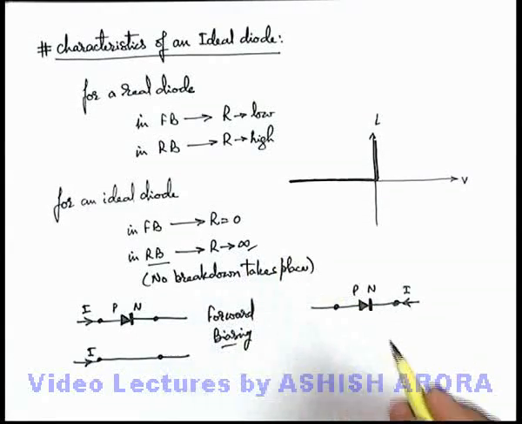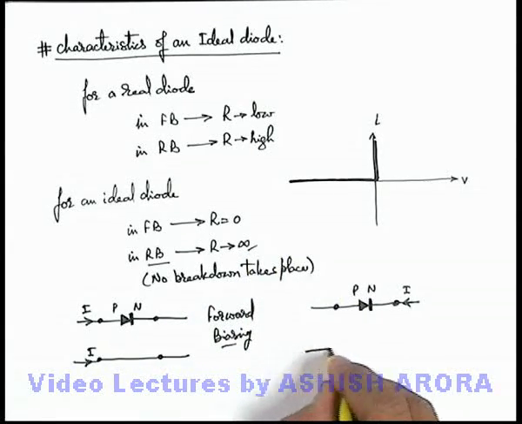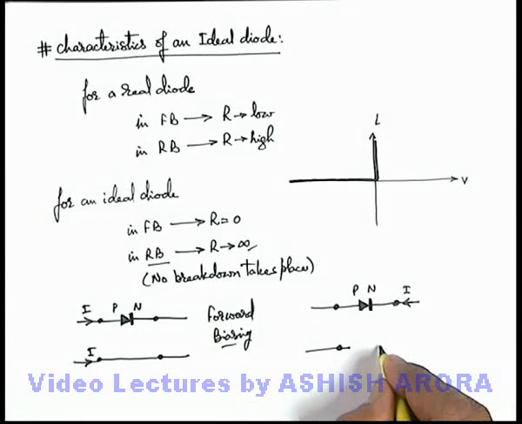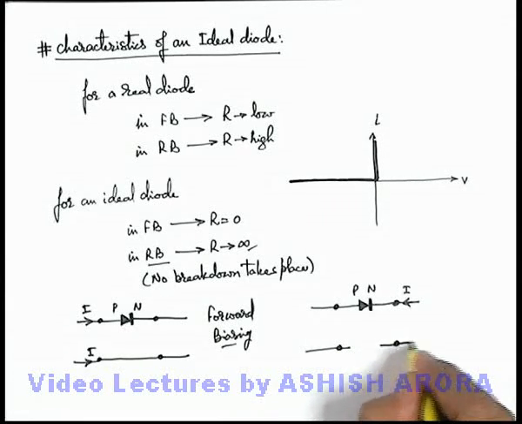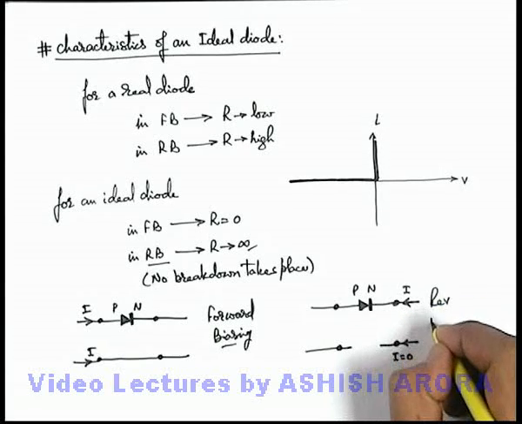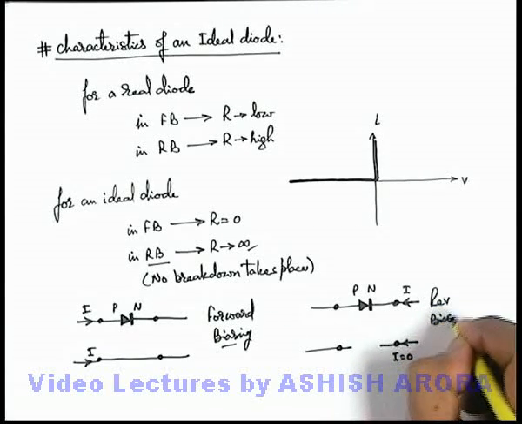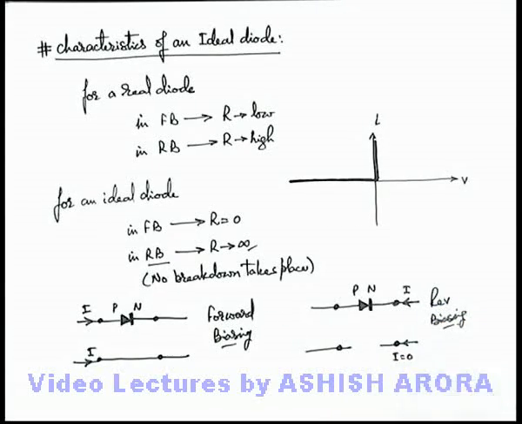In this situation its resistance should be infinite, so it will act like an open circuit and no current will flow through it. Here current should be 0 in case of an ideal PN junction diode. So this will be the situation for reverse biasing of an ideal PN junction diode.